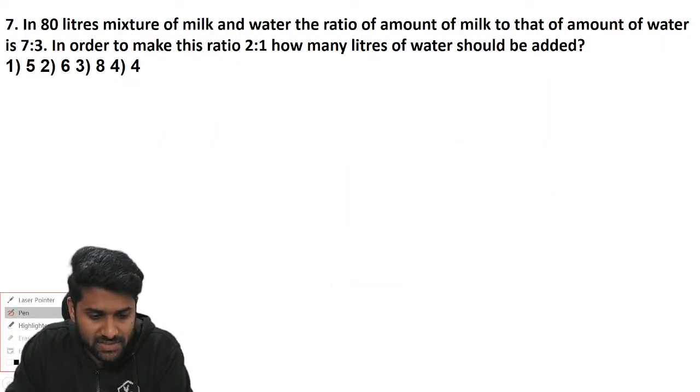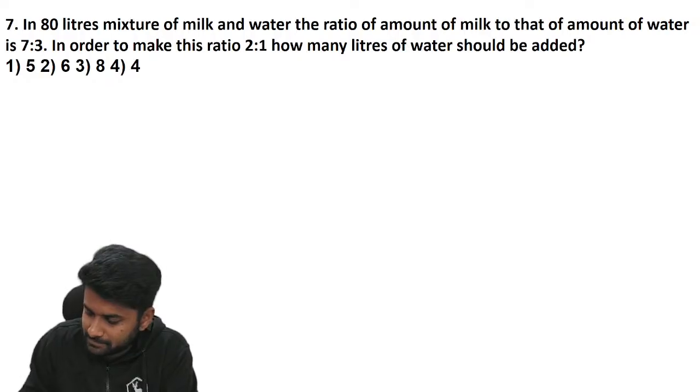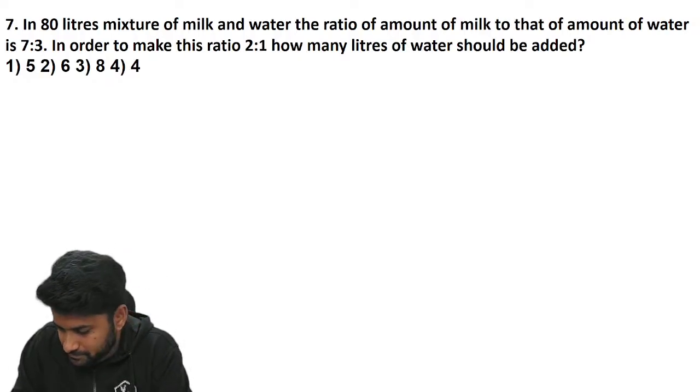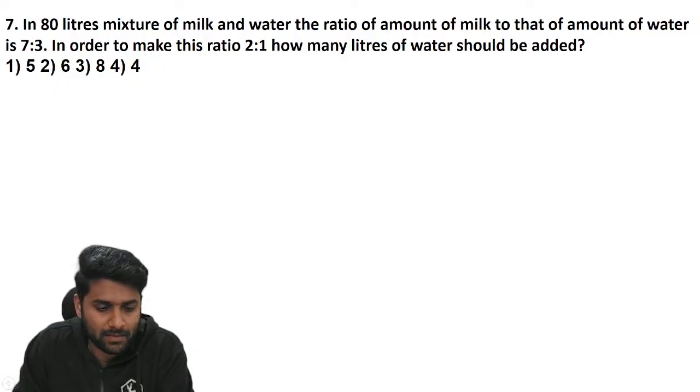Next, try to answer this question. Now see, in 80 liters of mixture of milk and water, the ratio of the amount of milk and the amount of water is 7 is to 3.